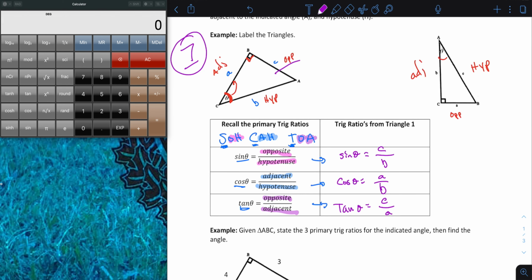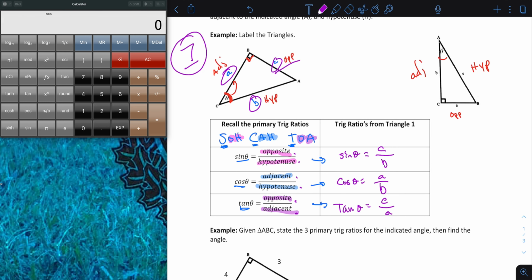Okay, these all could be numbers. It could be whatever they are. And we'll see down here when we do an example, and it might make a little more sense. You can actually make the connection. But all I've done here is just write the letters from each of these in their corresponding spots based on the trig ratios. Opposite hypotenuse, adjacent hypotenuse, opposite adjacent.